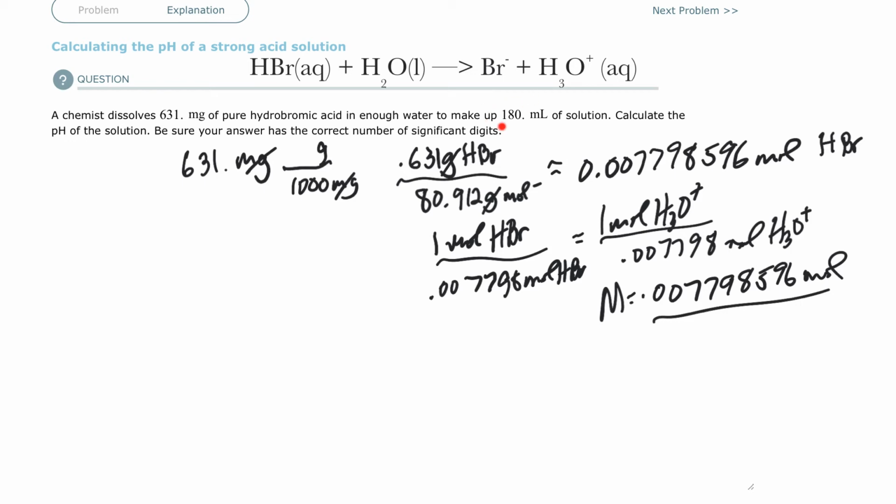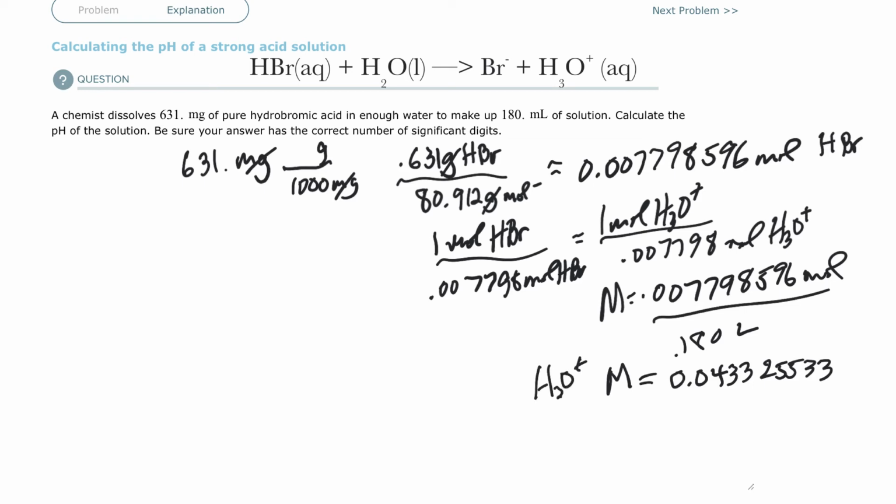Well, 180 milliliters up here. So I need to do that in liters. So it's going to be 0.180 liters. So that gives me the molarity equals 0.043325533. Okay, the molarity of the H3O+.